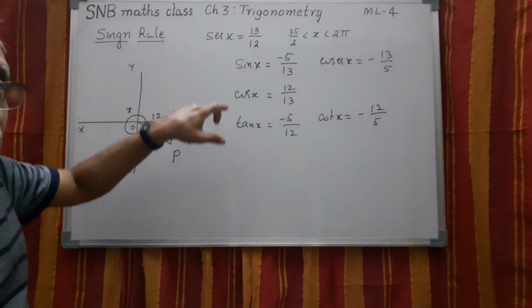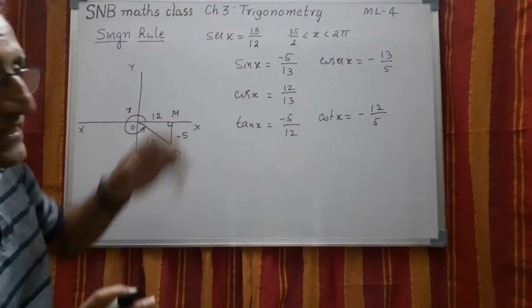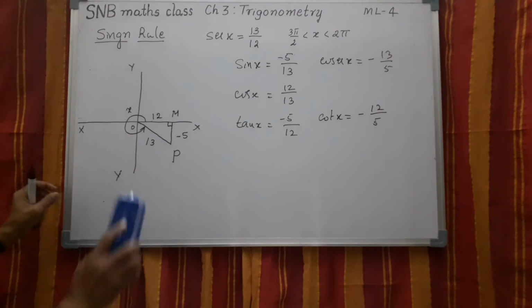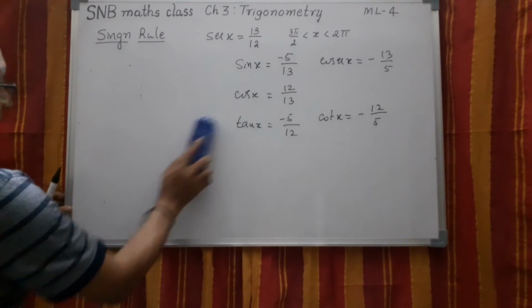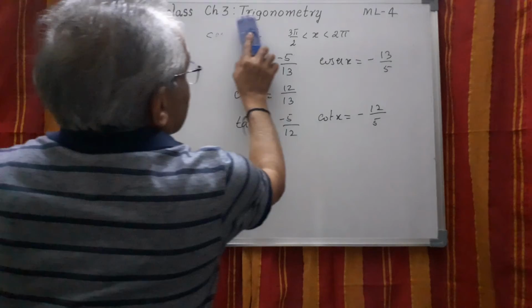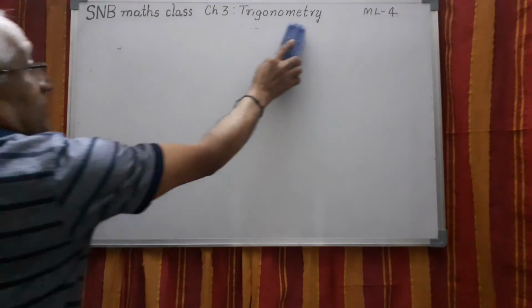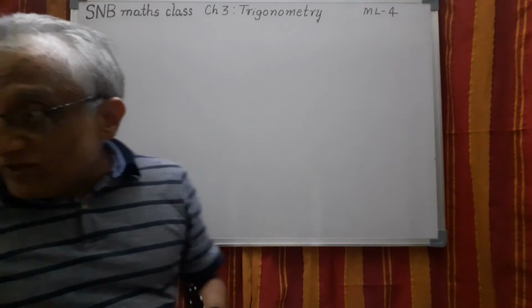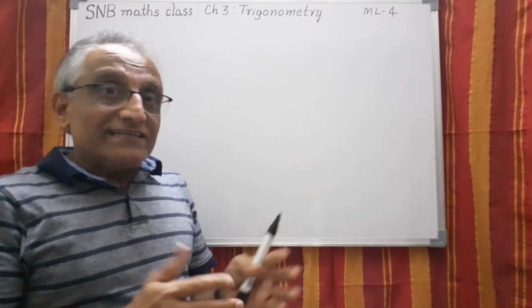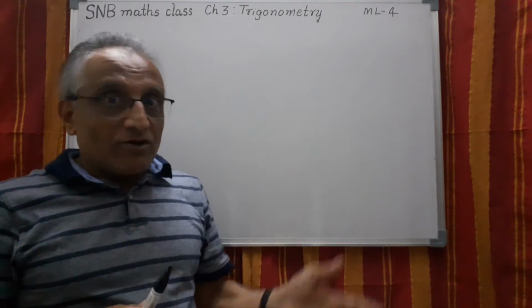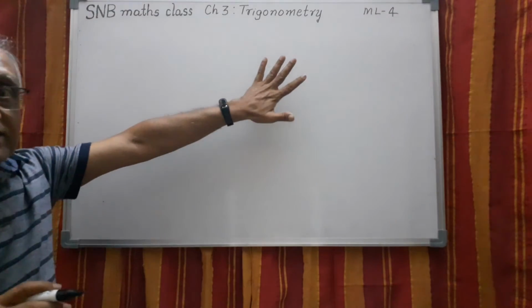Then in that case you have to do separate cases. So this is one thing you have to remember. This is called the sign rule. I hope you understand the concept very clearly. Remember, what I am doing now is just building the concept so that later it becomes very simple to tackle any problem. So this is all about the sign rule.